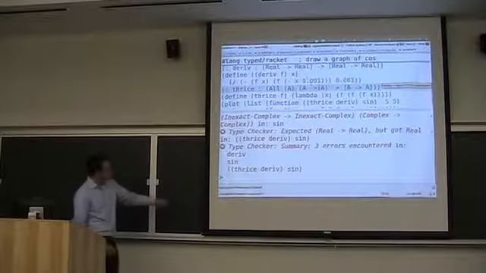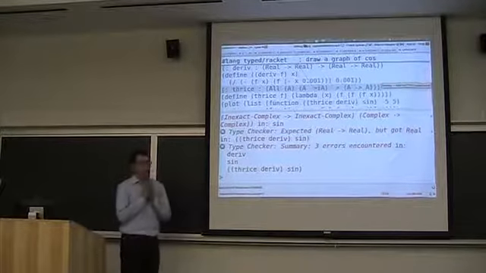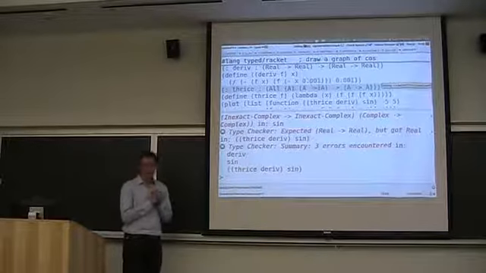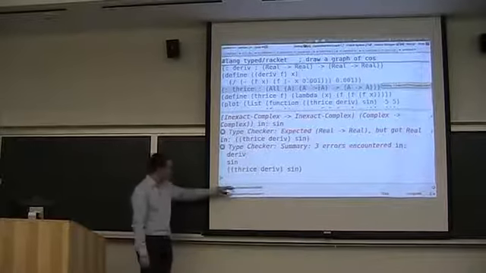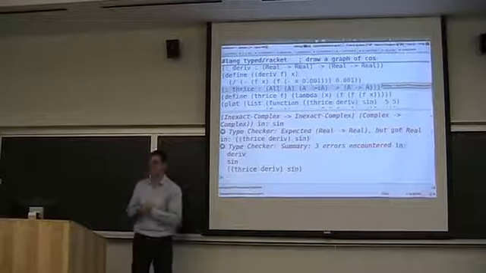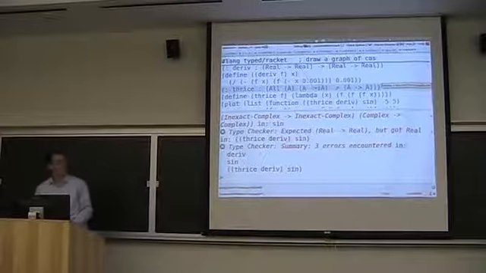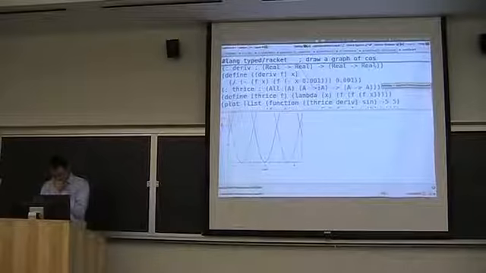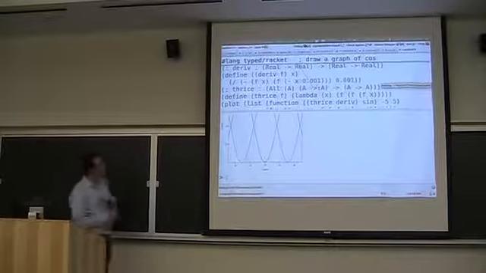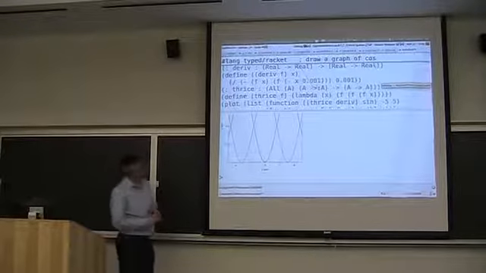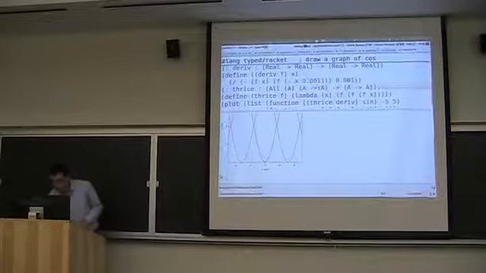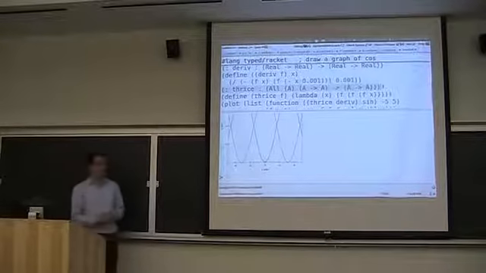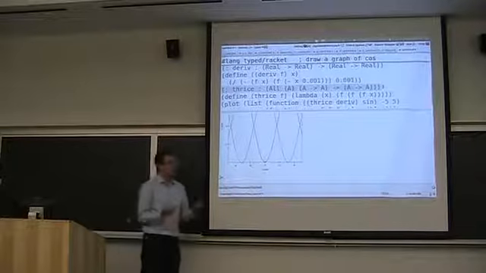And now we get the happiest message in any Racket programmer's life: background expansion finished. Or at least any typed Racket programmer's. And here we have our pretty pictures again. So what's going on here is polymorphism.